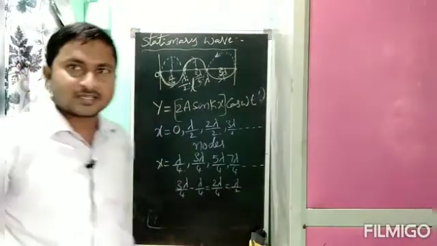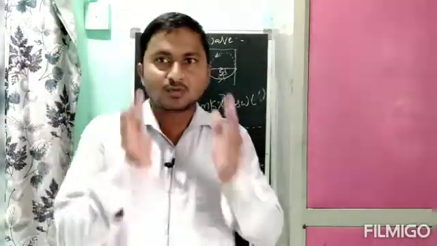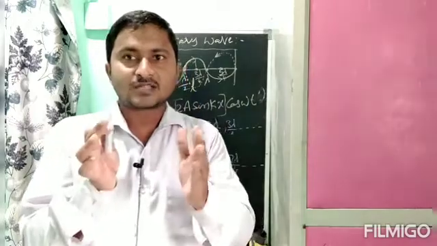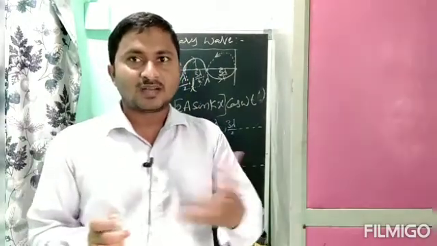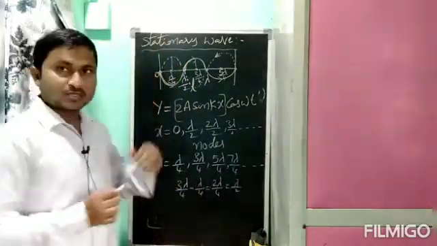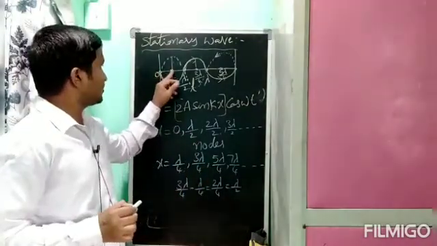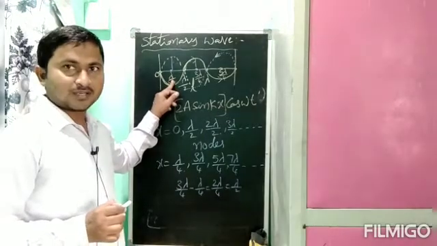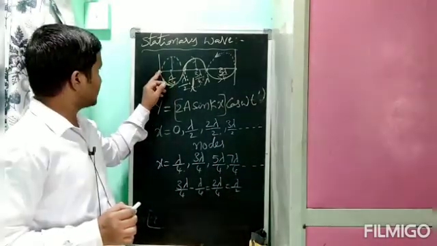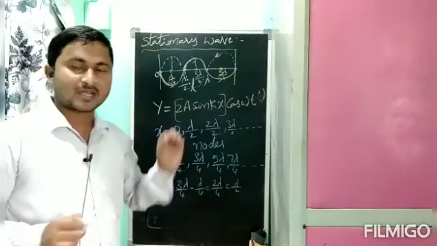So the distance between two successive nodes or antinodes is lambda by 2, whereas the distance between a consecutive node and antinode is lambda by 4.